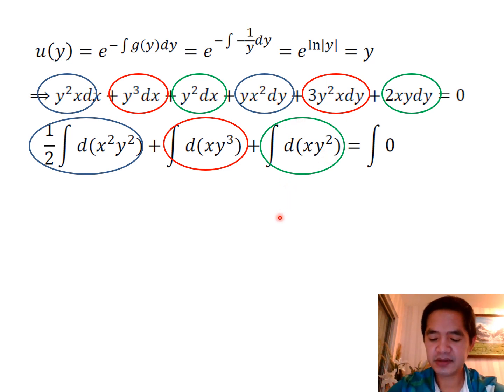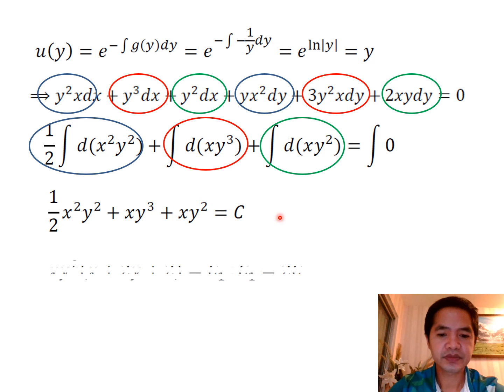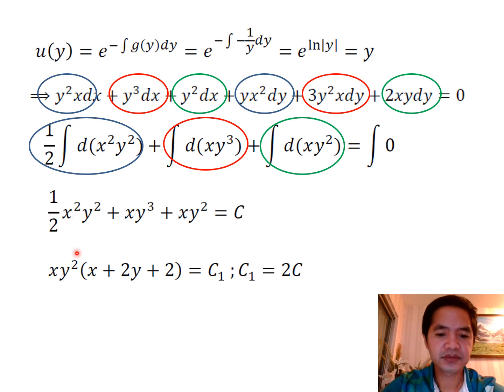Do the integration of each term and we get this final answer. This one we can combine the constant, because there's 2 here. This is just a rearrangement, you don't need to think about it. Okay, this is the final answer of this problem.